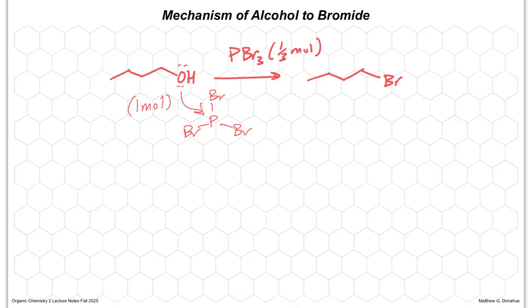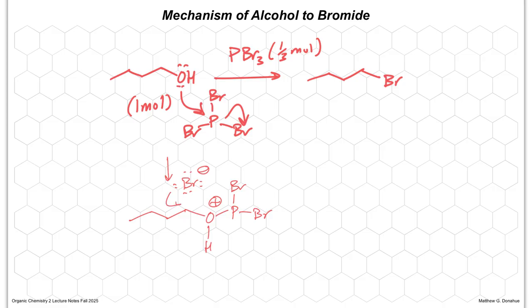So in our mechanistic rules, we're forming a bond, so we're going to break a bond. Since oxygen got another bond, it's plus. Br got its last set of electrons, it's minus.